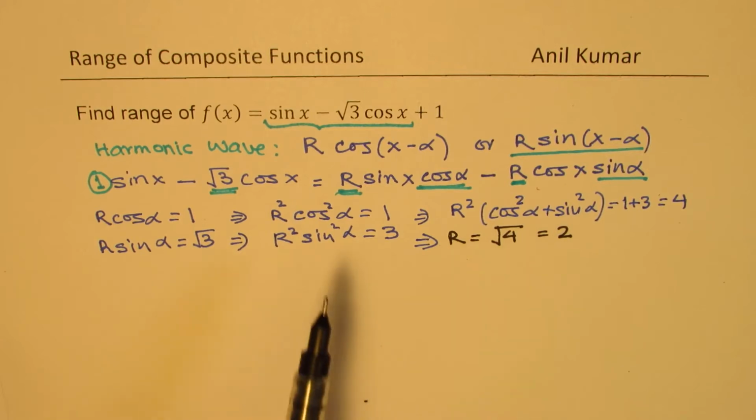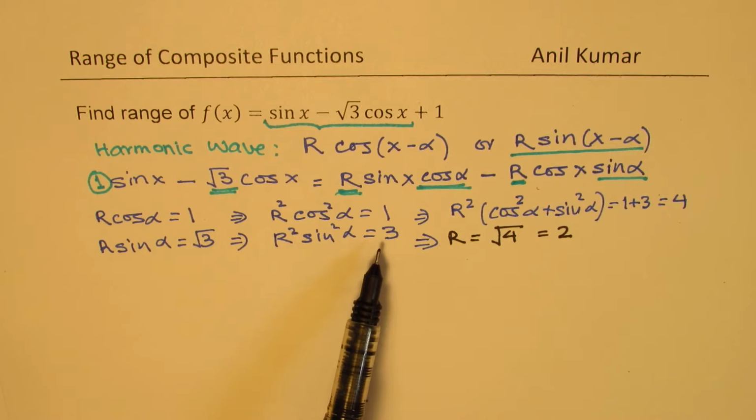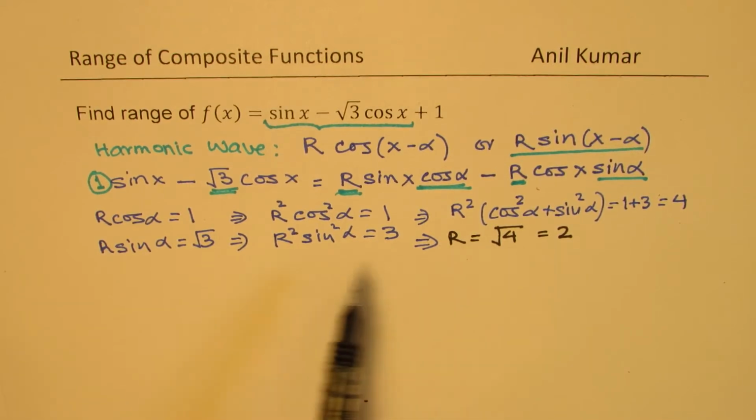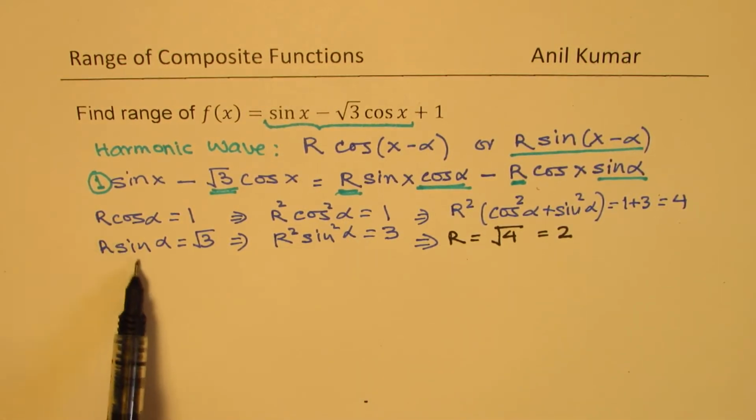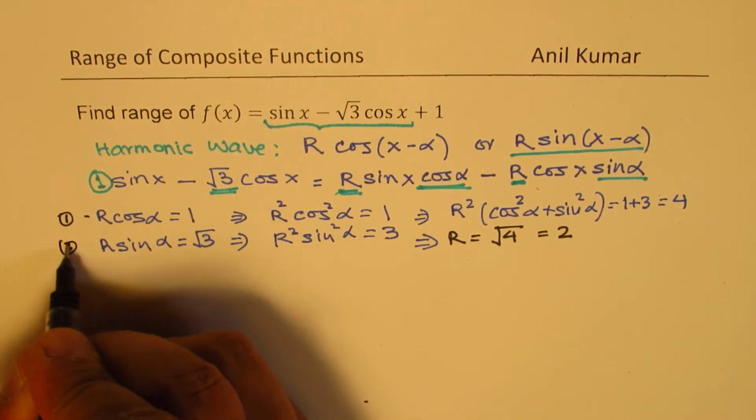Now we need to find alpha, so we can find the ratio of these two. So let's call these equations 1 and 2.